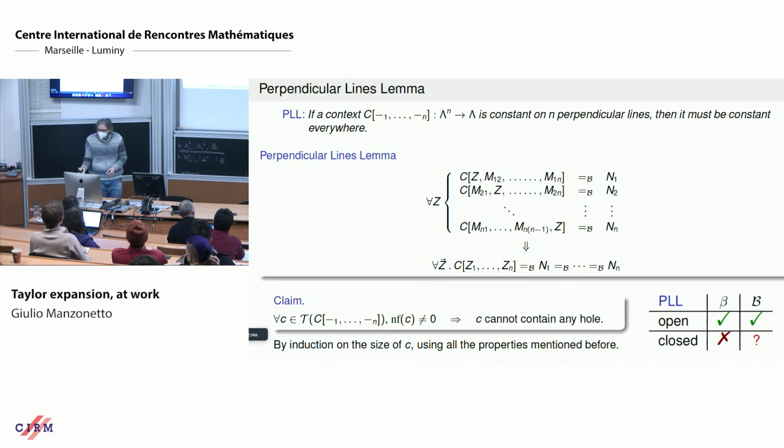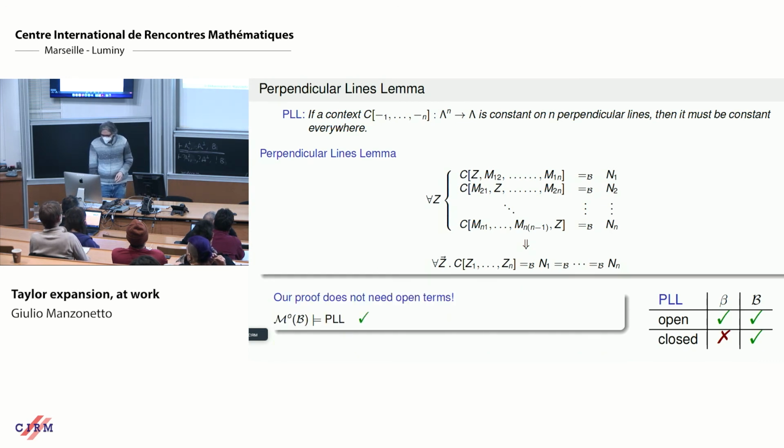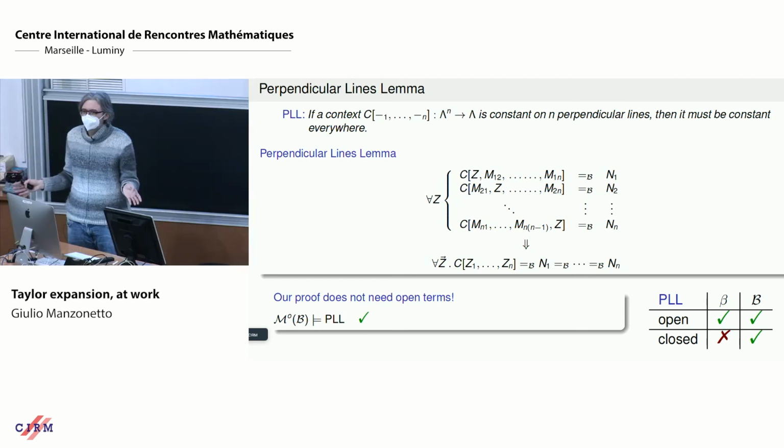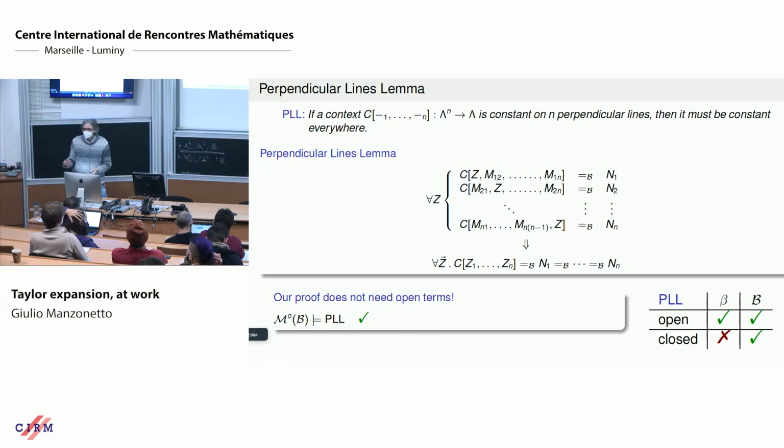And by using this property, a simple induction on the size of the resource context gives the proof. This proof does not use at all the fact that the programs we consider are open or closed. So we also get the last property: the perpendicular lines lemma is also satisfied for the closed-term model of the Böhm tree.